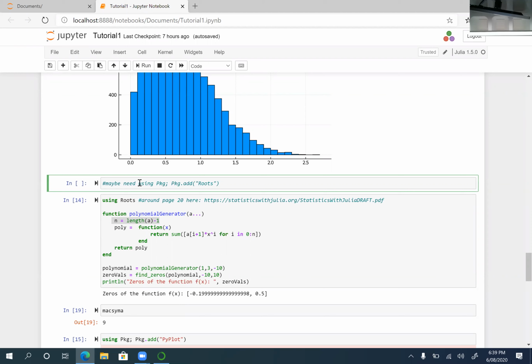Okay, and so what we're doing here is we're building a function that generates polynomials. So inside the round bracket at the start, we have a and then dot, dot, dot. The way I'm thinking of that is this allows you to enter an array, except it's missing the brackets for the array when you enter that in. In other words, your input is going to be a collection of numbers separated by commas.